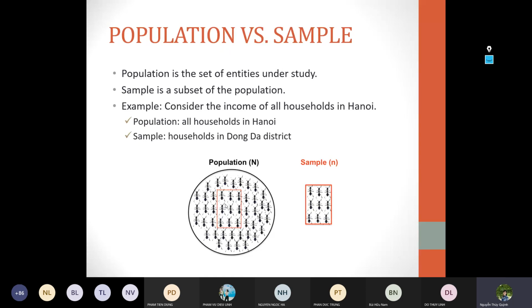For example, when we consider the income of all households in Hanoi, our population here is the income of every household in Hanoi.